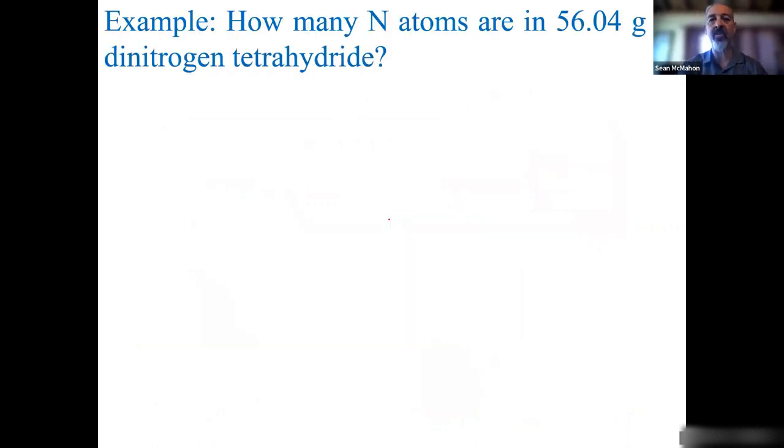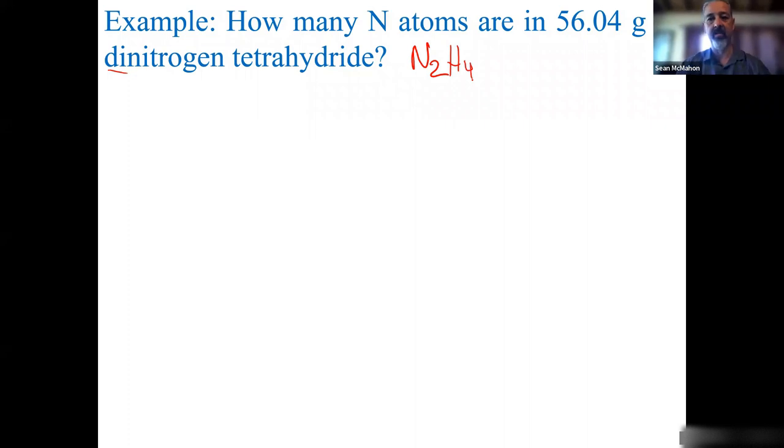So how many nitrogen atoms are in 56.04 grams of dinitrogen tetrahydride? Okay, dinitrogen tetrahydride. The first thing is I need to know the formula. Dinitrogen, di means 2, tetra means 4, hydride.